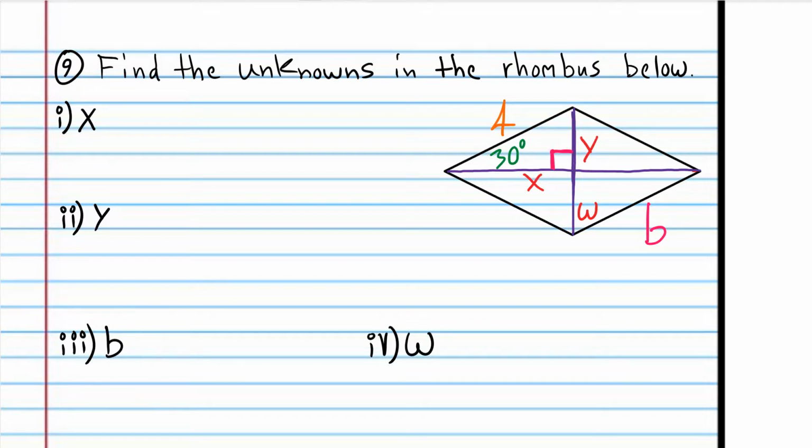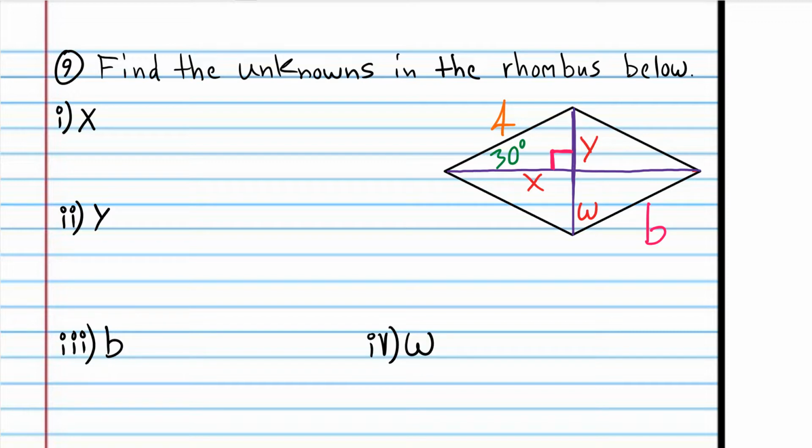Maybe I should use a different color. 60 degrees up here. Because the triangle sum theorem, all the angles in the triangle have to add up to 180. So 30 plus 90 plus 60 is 180. A lot of different ways to calculate that blue angle, but it's got to be 60. So it's a 30, 60, 90 degree triangle.